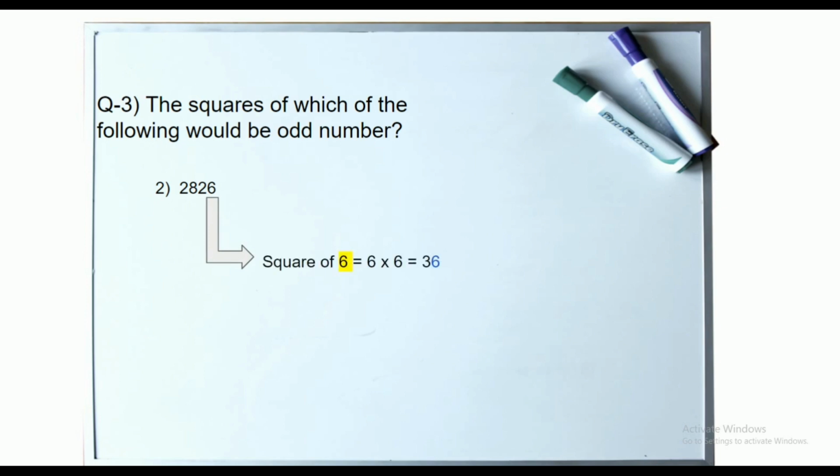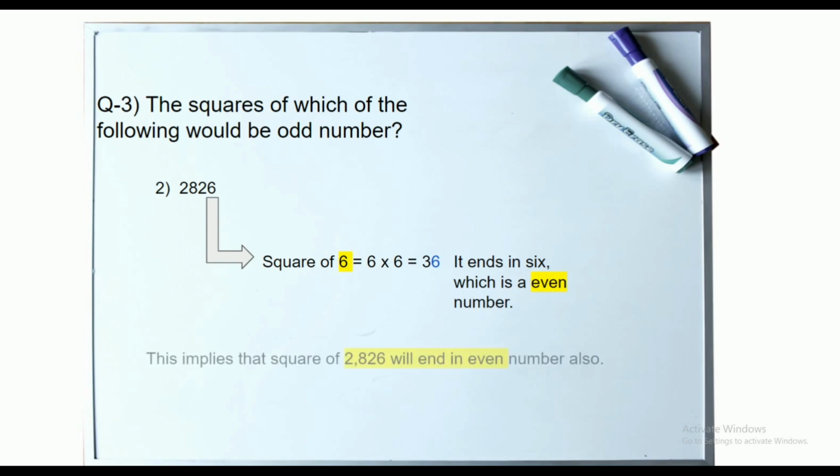Now, the square of 6 is equal to 6 multiplied by 6 is equal to 36. 36 ends with the number 6, which is an even number. So, we can tell that the square of 2826 will end in an even number also.